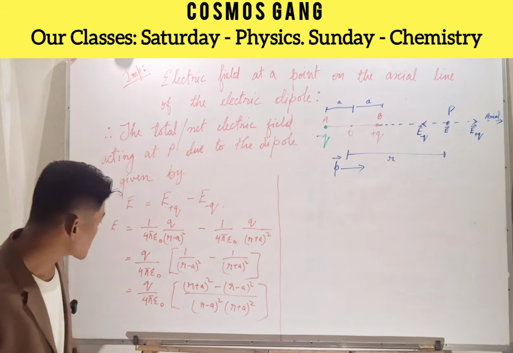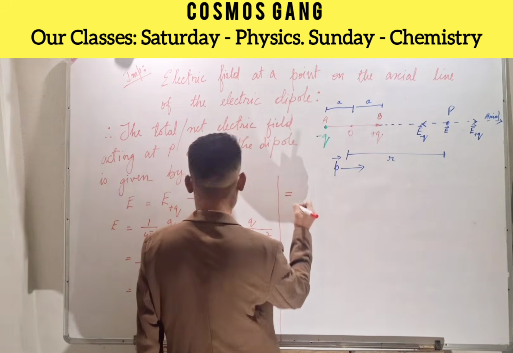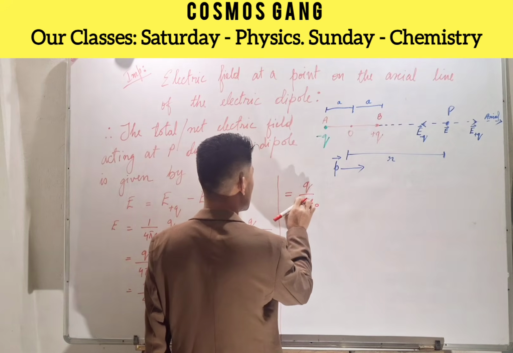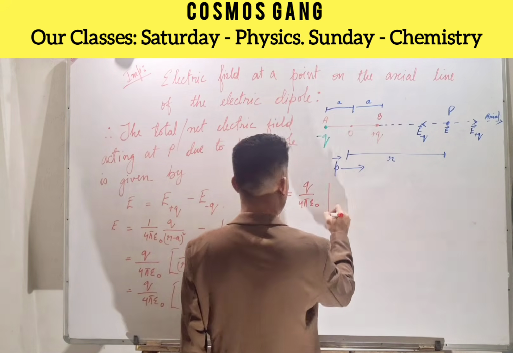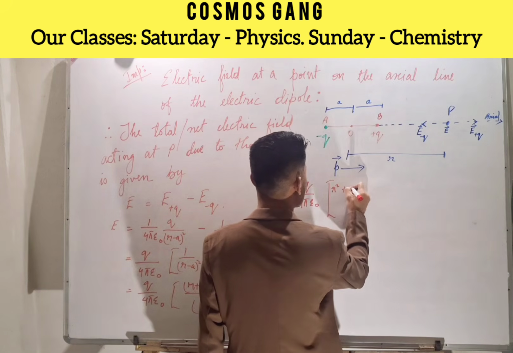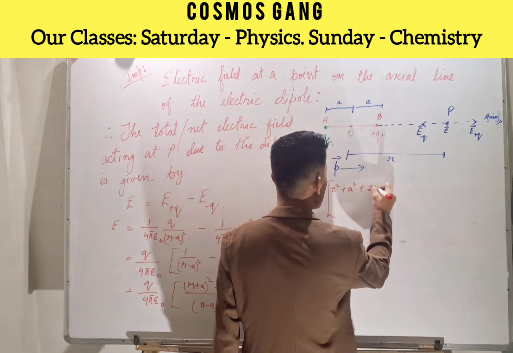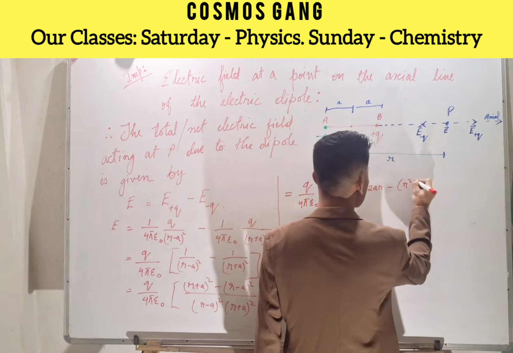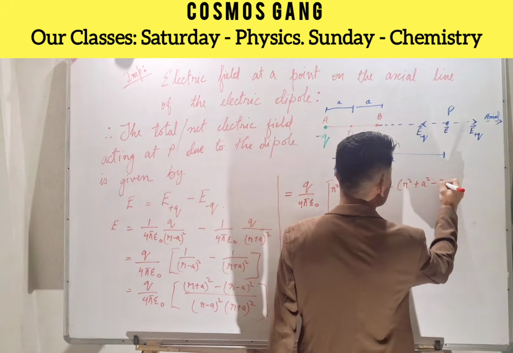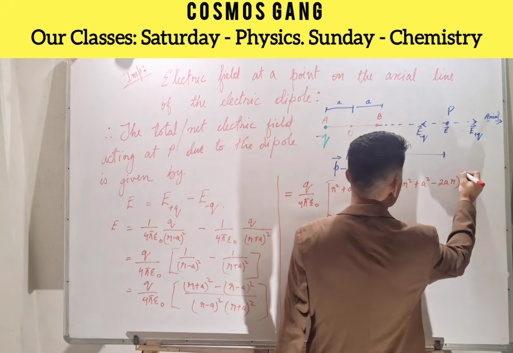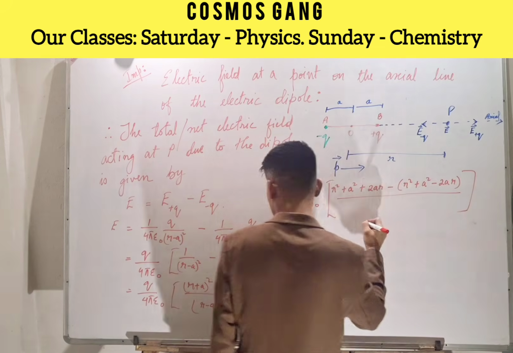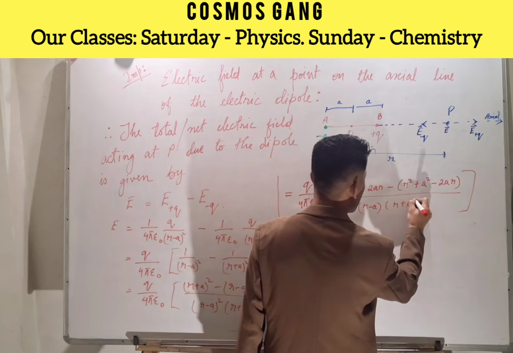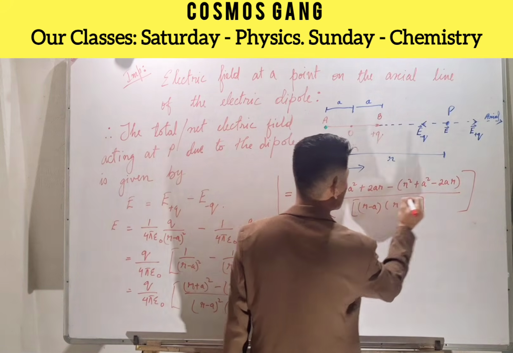So this term becomes Q by 4 pi epsilon naught, R square plus A square plus 2AR minus R square plus A square minus 2AR divided by (R minus A)(R plus A) whole square.